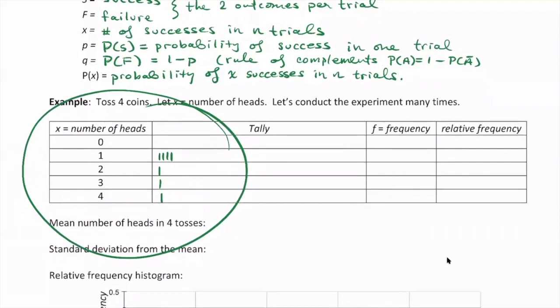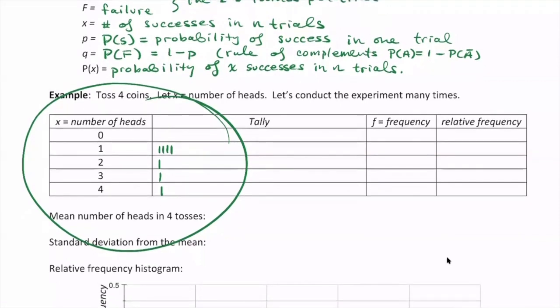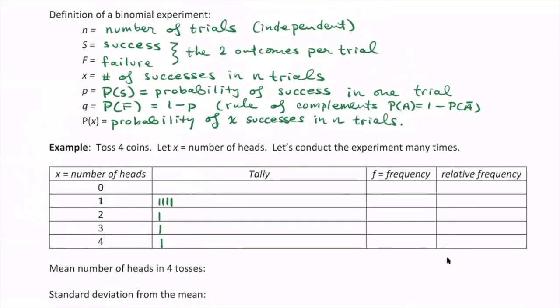We got 0 people with 0 heads. We got 4 people with 1 head. We got 1 person with 2, 3, or 4 heads. And we're going to do this for a little while so we can build this up.